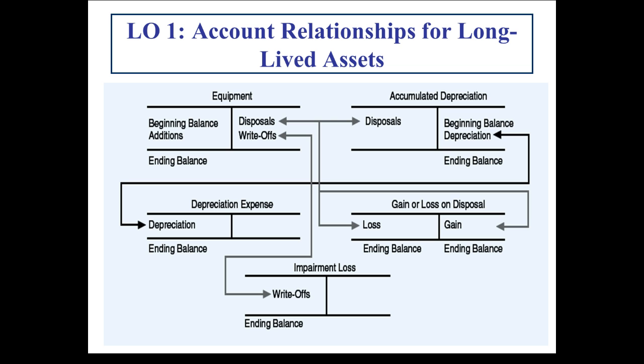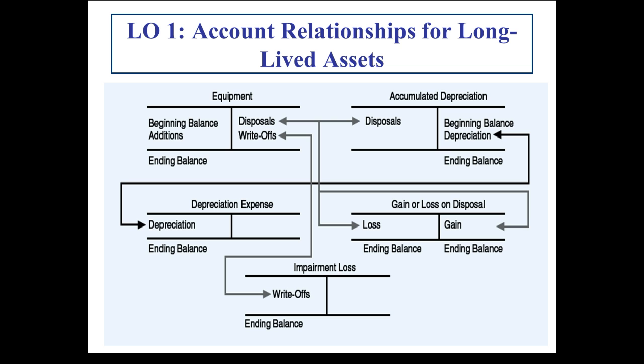And we could also have certain impairment losses as it relates to the equipment. We're not going to spend a lot of time dealing with impairment loss, but it's important to see on this slide the relationship with our assets as it relates to other accounts. Pretty straightforward. Depreciation, accumulated, and then getting rid of the asset.